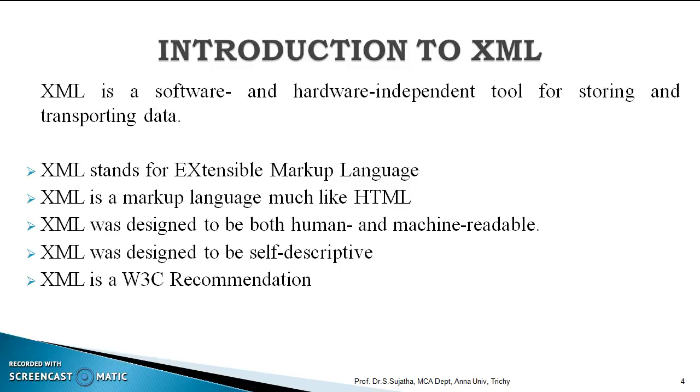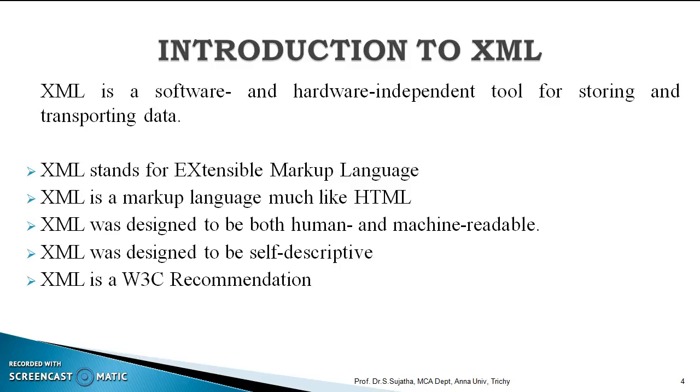Introduction to XML. XML is a software and hardware-independent tool for storing and transporting data. The expansion for XML is Extensible Markup Language. It is a markup language much like HTML, Hypertext Markup Language, which is famous for designing web pages.